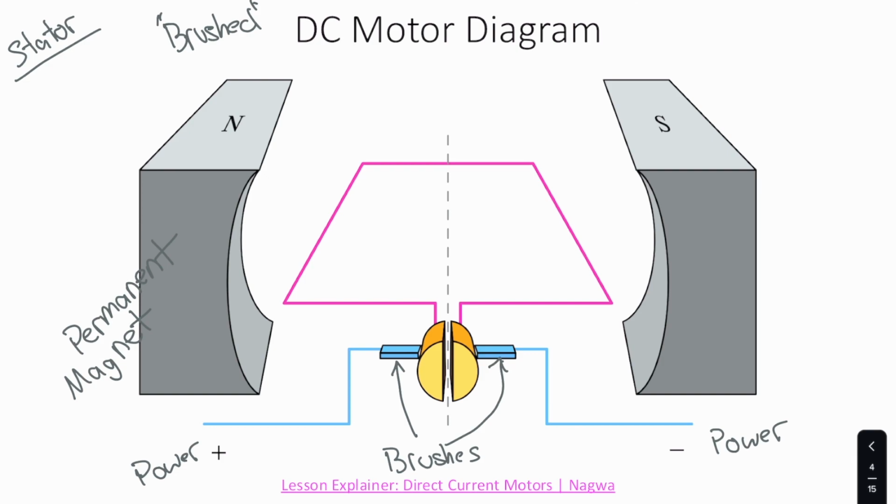The yellow piece that's split in half, you can think of it as like a cylinder that's split down the middle so the two halves of the cylinder aren't connected, is called the commutator. The pink wire is the coil, sometimes called the armature.